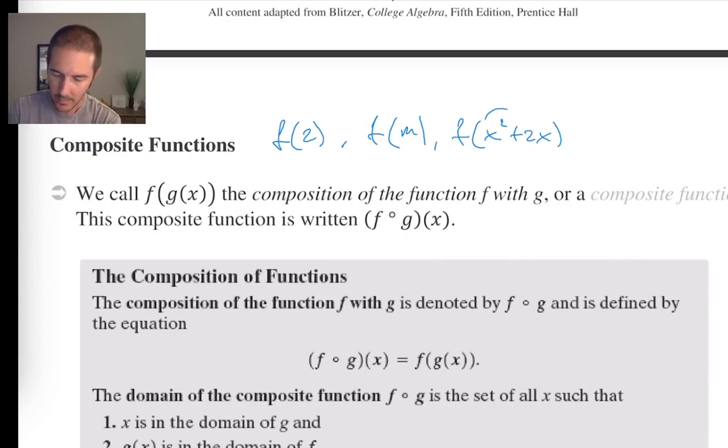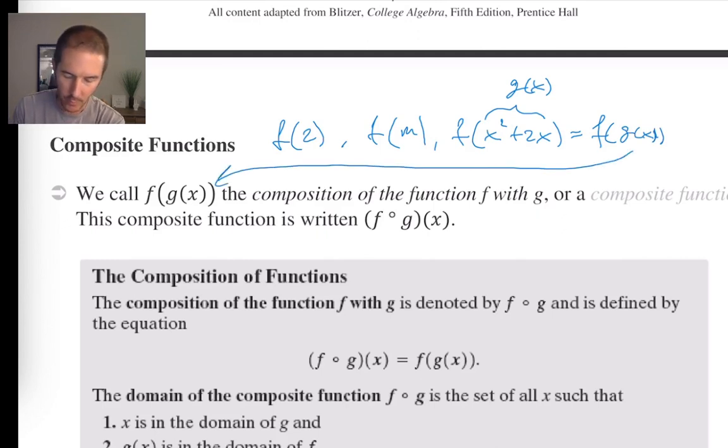And this unusual stuff that we're going to plug into our function f is some other function, g of x, which means that what I've just written here is f of g of x. So we're putting a function into another function.